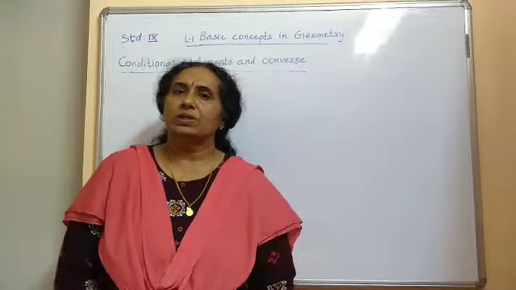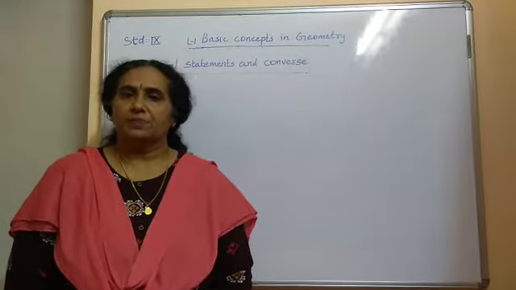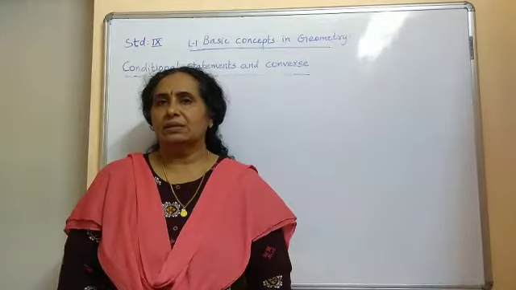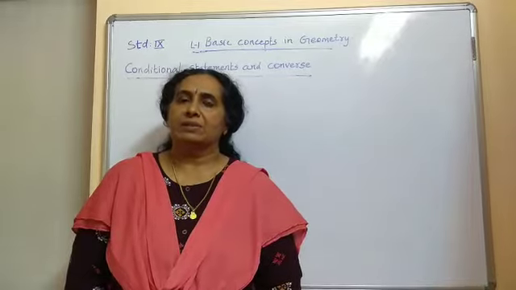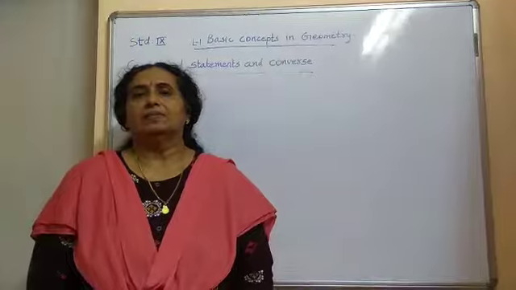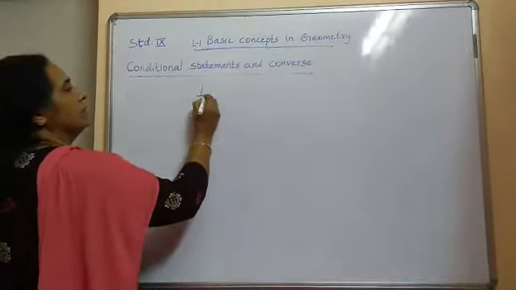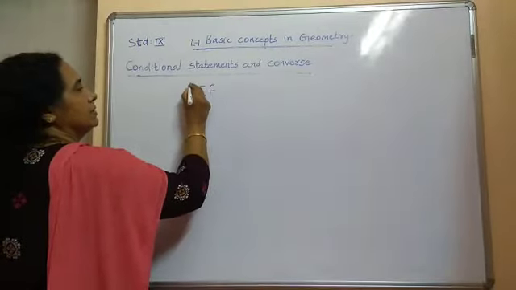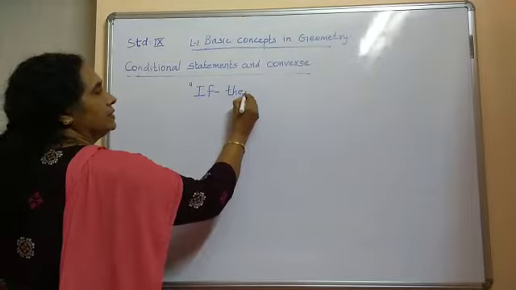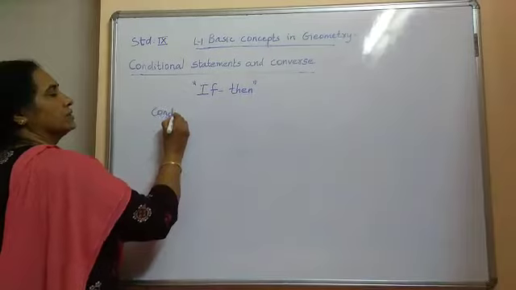Today we are going to study conditional statements and converse. In mathematics, we come across many mathematical statements, the statements of which can be written in if-then form. Statements which can be written in the form if-then are called conditional statements.